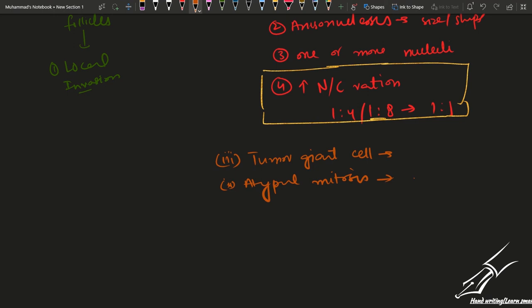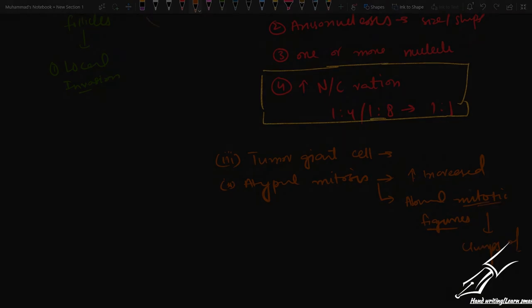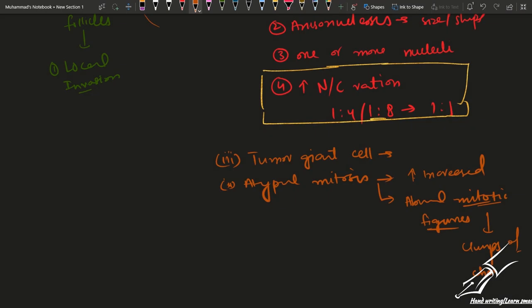Normal cells undergo mitosis in a normal manner, but in tumors the mitosis is much increased, and there are abnormal numbers of mitotic figures. Abnormal clumps of chromosomes can be seen.